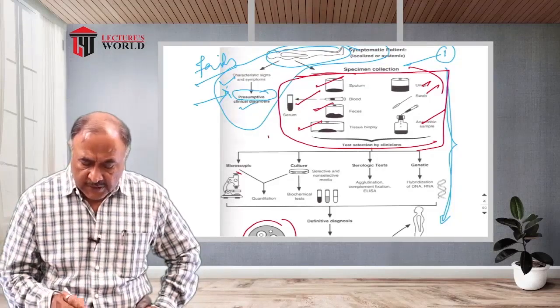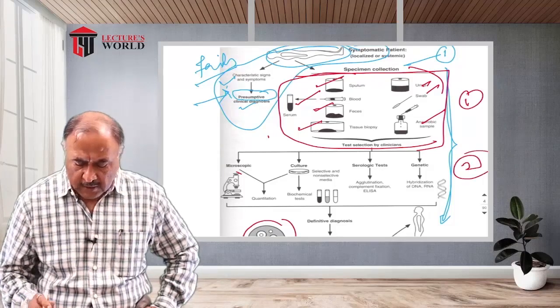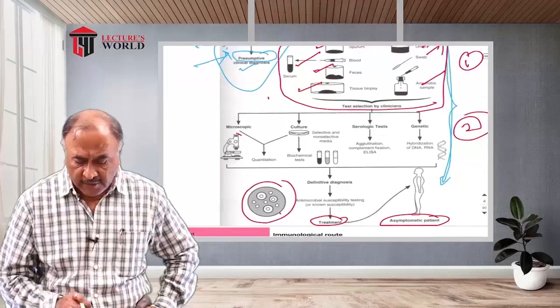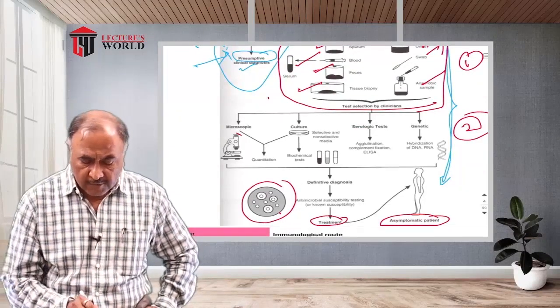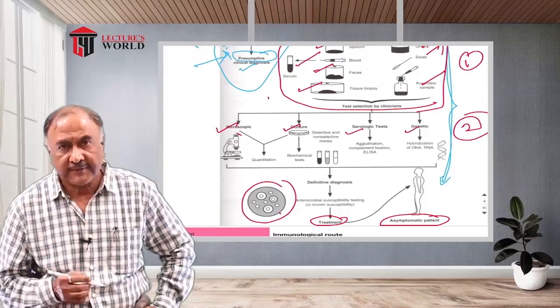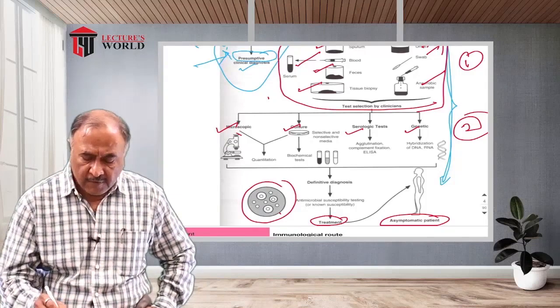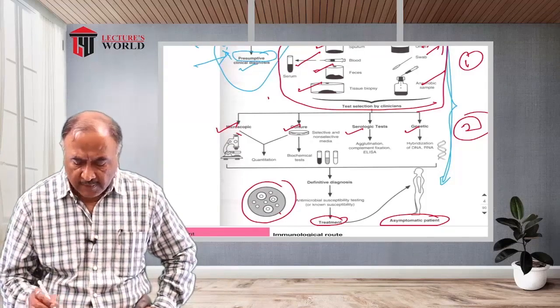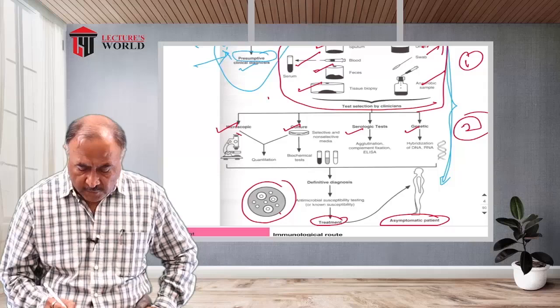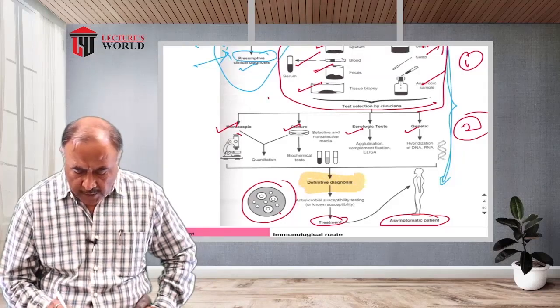Once the specimen is collected, that first part is done, then we go for identification, and it involves microscopic, cultural, serological, and genetic analysis. These are the four different methods where these studies can be done. And finally, it would lead to what we call a definitive diagnosis.